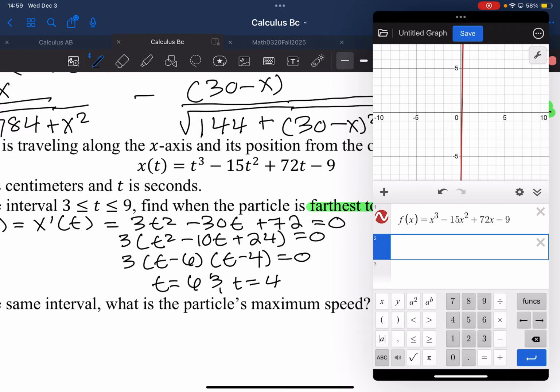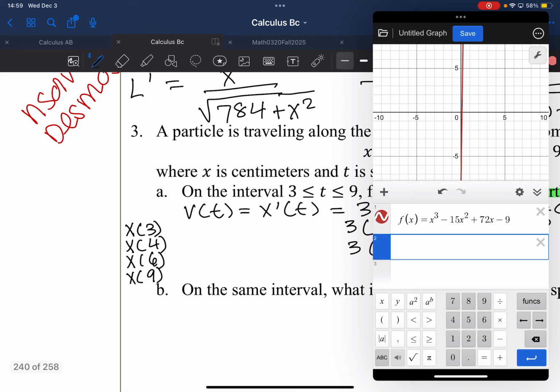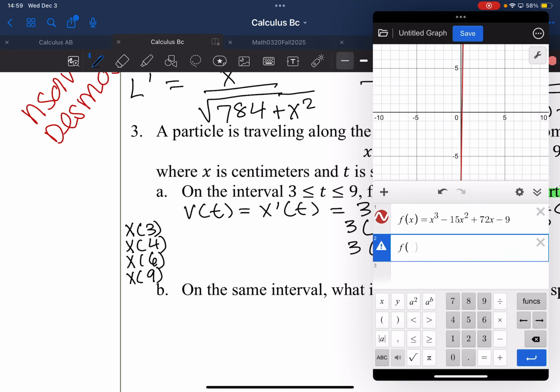Now on the next line, I'm going to use these values, 3, 4, 6, and 9. So I'm going to do f of 3, and I get what? 99. 99, so this is 99. And then I'm going to do 4, and I get 103. Then 6, I get 99 again.